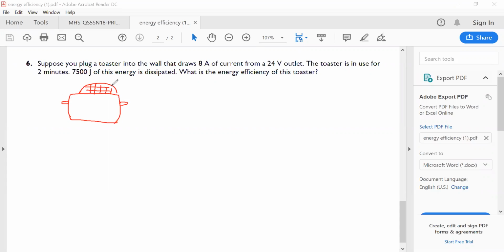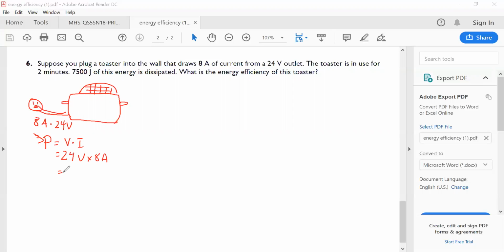And with my Eggo, if I plug it into the wall, it tells me that there's 8 amps of current and 24 volts of potential difference, which tells me that if I take power and make this equal to voltage times current, that'll help me find the wattage. Oops, sorry about that, not 8, 24 volts, 24 volts multiplied by 8 amps.